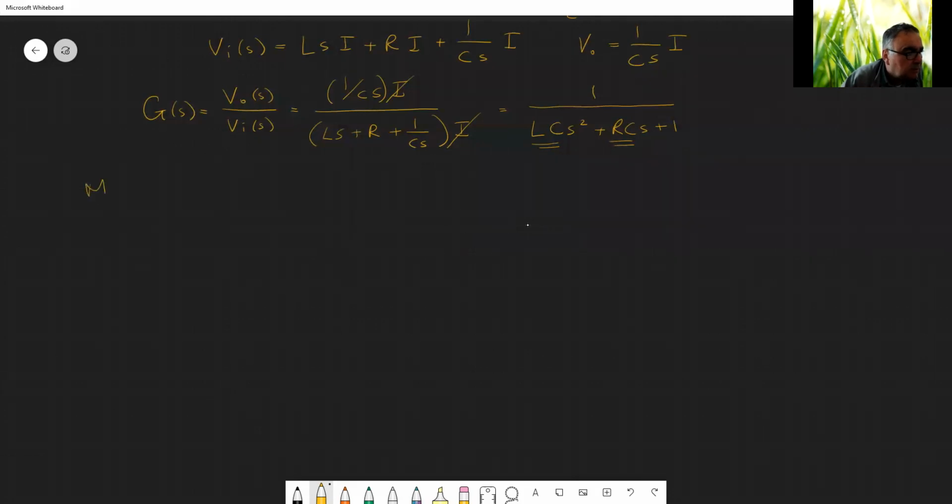So we will look at a multi-loop example in which you will have not just one electrical loop, but two electrical loops here. So it is kind of similar to multiple mass systems in mechanics.